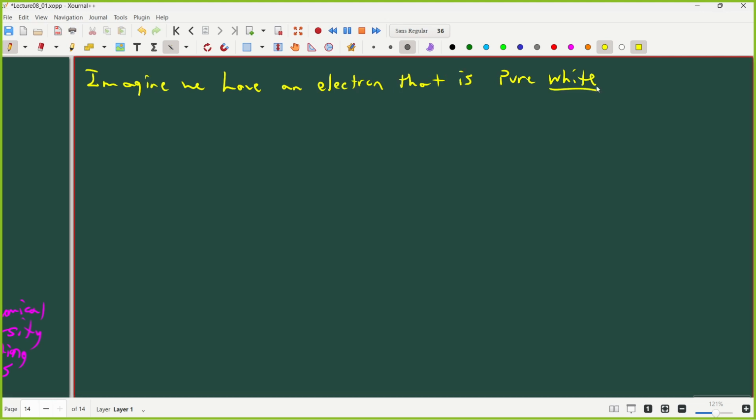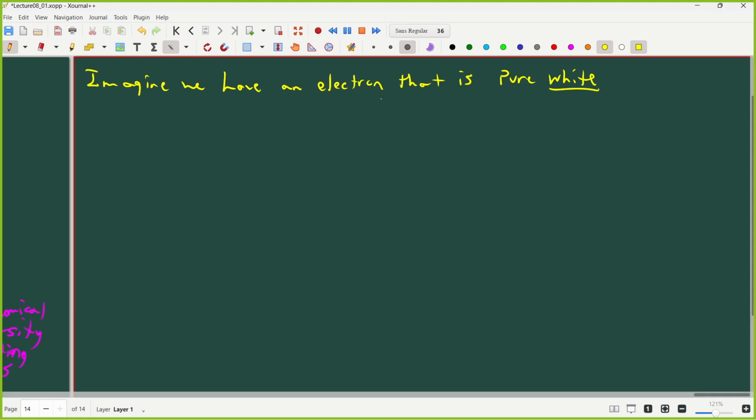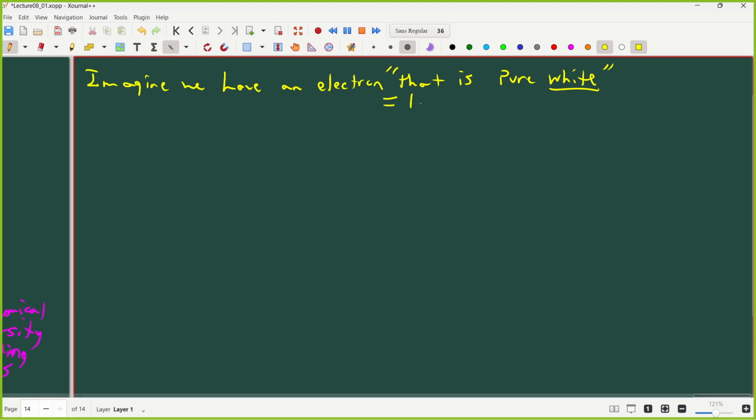We'll do pure white, and then we can do this for a particle in the box. We could also say localized, in some energy level with energy E sub n. So we can either think about a particle in a box in a given energy level, or we can think of an electron that's just white.